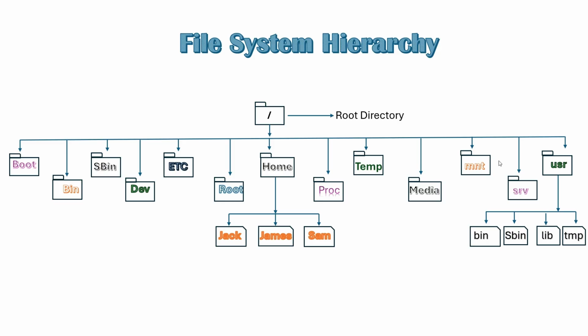Slash dev contains device files, slash etc contains configuration files, slash home is user directories, slash root contains the root user's home, slash proc is for virtual system info, slash tmp for temporary files, slash media for auto mounted devices and slash mnt for manual mount points, while slash srv is for service related files. And that's your file system simplified and demystified.